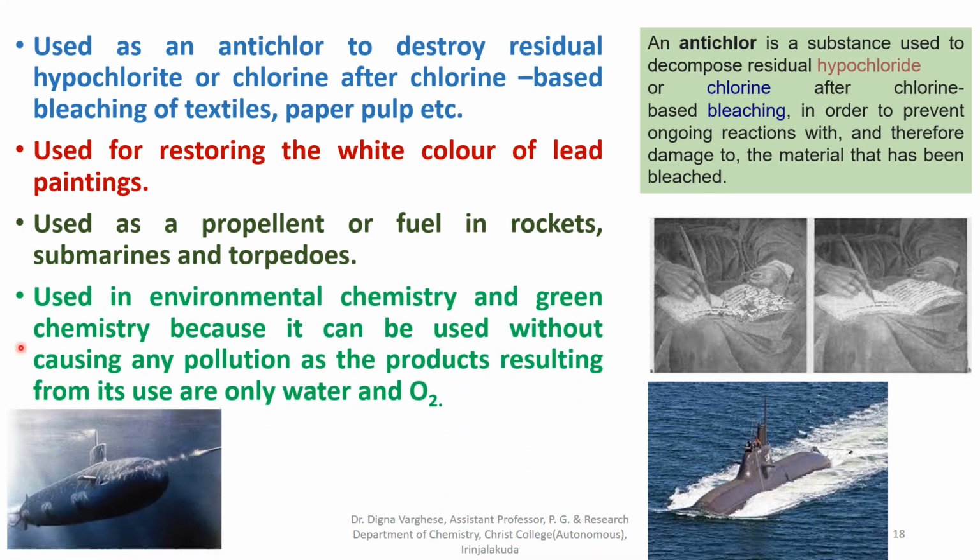It is also used in environmental chemistry and green chemistry because it can be used without causing any pollution, as the products resulting from its use are only water and oxygen. When we use hydrogen peroxide in any reaction, the only byproducts are water and oxygen, as hydrogen peroxide decomposes to water and oxygen.